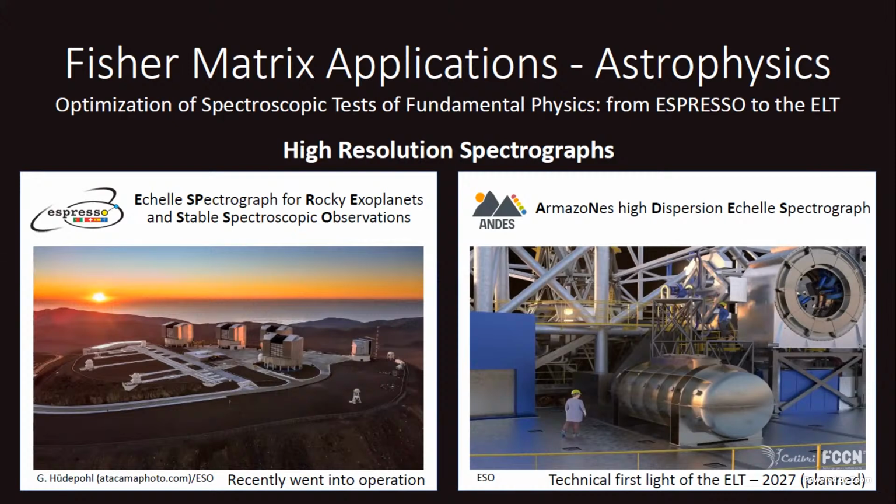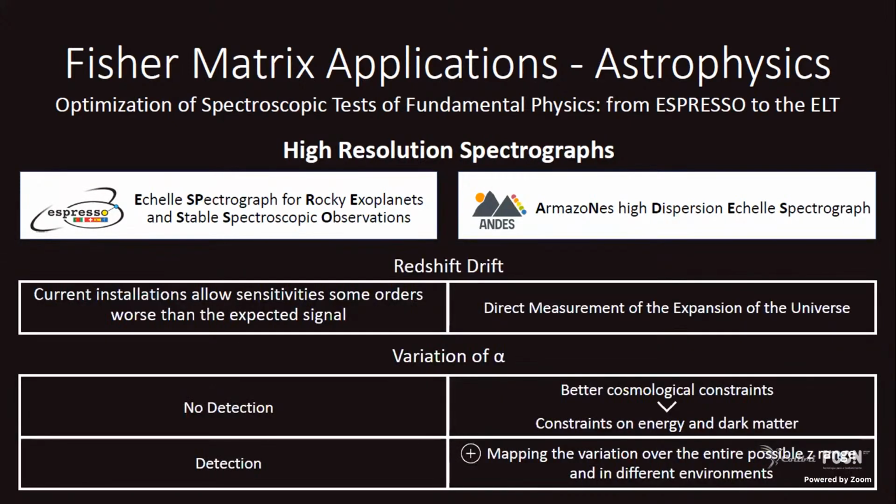So with these two, we can have these scenarios. For redshift drift, the current installations of ESPRESSO only allow a sensitivity some orders of magnitude worse than the expected signal, so we cannot measure the redshift drift. But with ANDES, we will have direct measurements of the expansion of our universe. For the variation of the fine structure constant alpha, we have two possible scenarios.